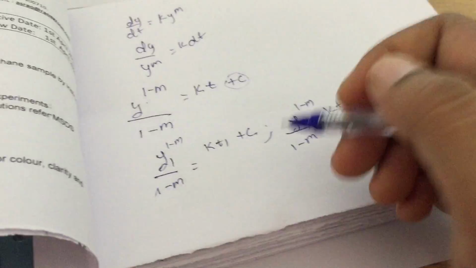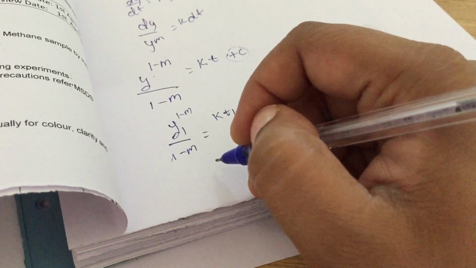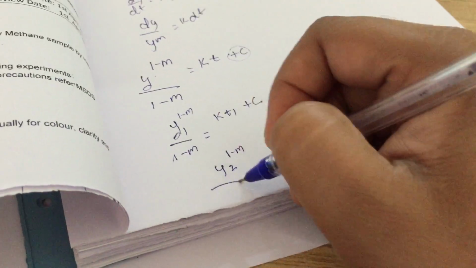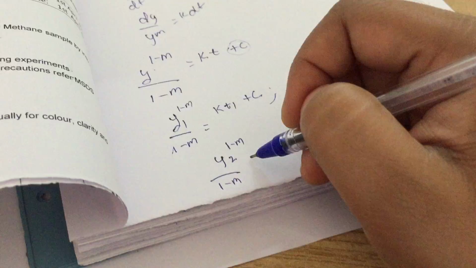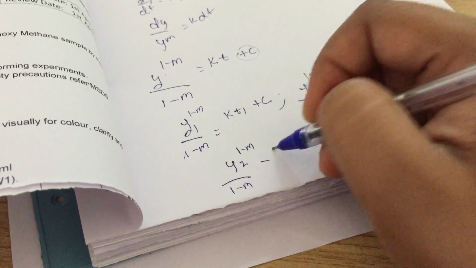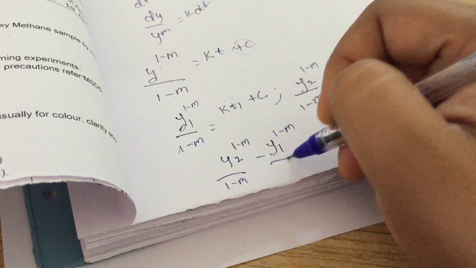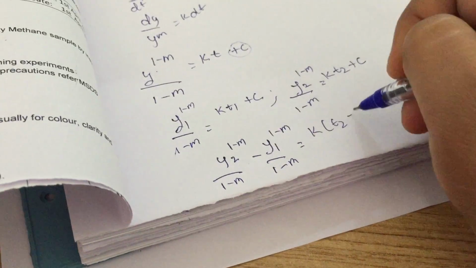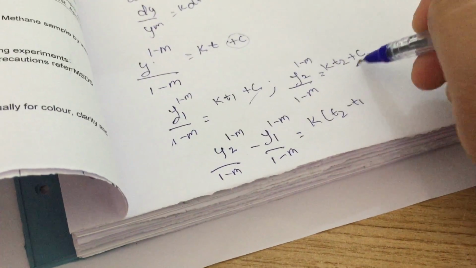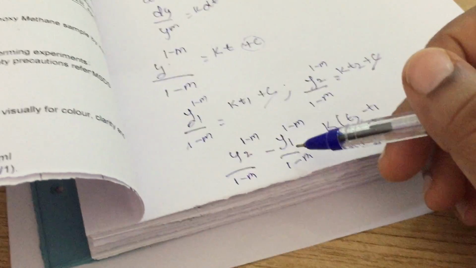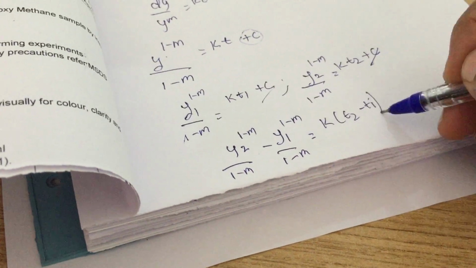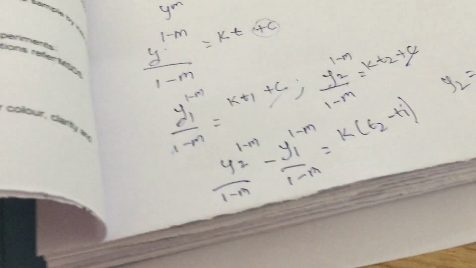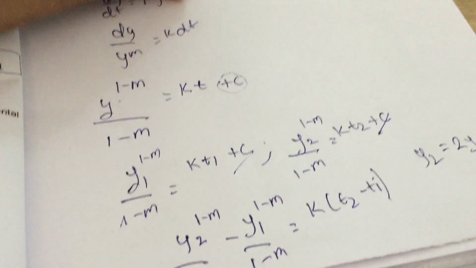Now you take the difference of these two points, so you will get y2^(1-m)/(1-m) minus y1^(1-m)/(1-m) is equal to k times (t2 minus t1), and basically the c cancels out. Then you want to see the doubling rate, so we say that y2 is equal to 2 times y1. That will give us the doubling rate.